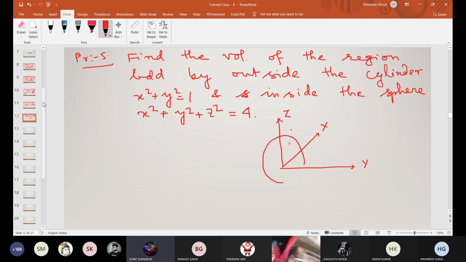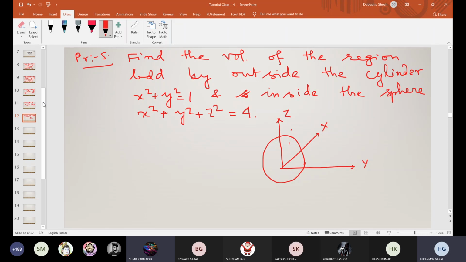So this question is similar to problem 2, I guess. Yes, sir, same question, exactly the same cylinder. But that time you considered the common portion inside the cylinder and the sphere. That time you had the bound only on the z axis.